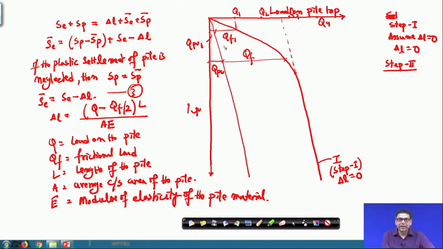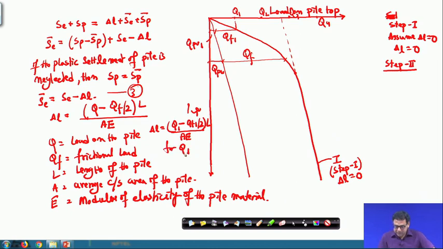Now, you take that QF corresponding to Q1. Now, you put this equation. Suppose you are doing delta L for fast loading. So, delta L will be Q1 minus QF1 divided by 2, divided by LE, and this is L. So, you will get it for Q1.